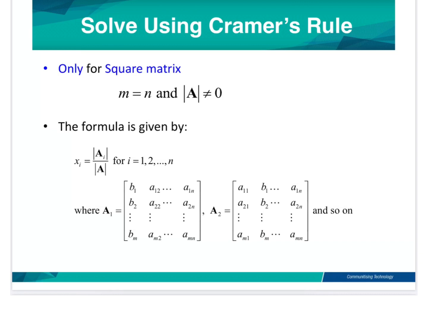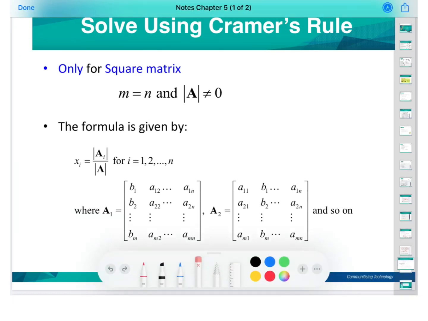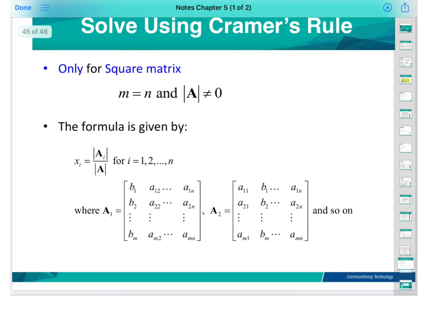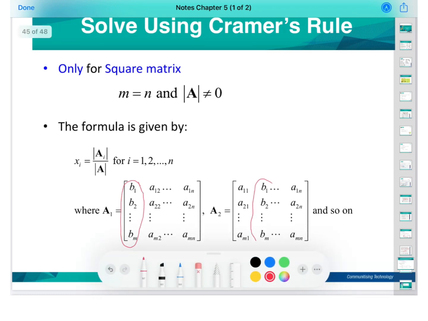Second method to solve for the system of linear equations you will learn is Cramer's rule. Okay, so for the Cramer's rule, you will change each column to the answer to the matrix B. Okay, so for example, column 1 we change to matrix B. Each column will be changed to matrix B. So A1 means column 1 changed to matrix B. A2 means the column 2 be changed to matrix B until you have An.